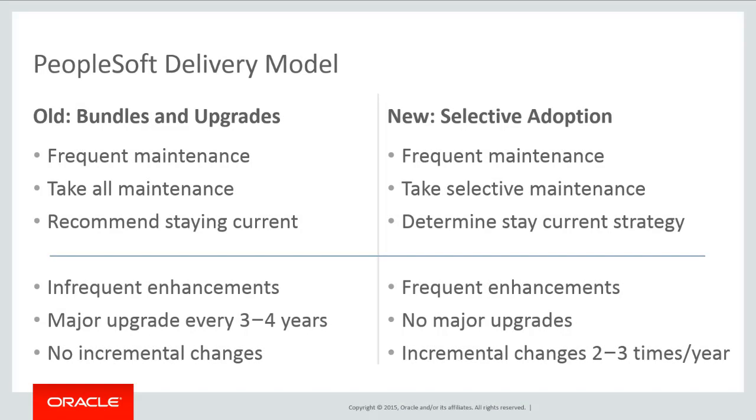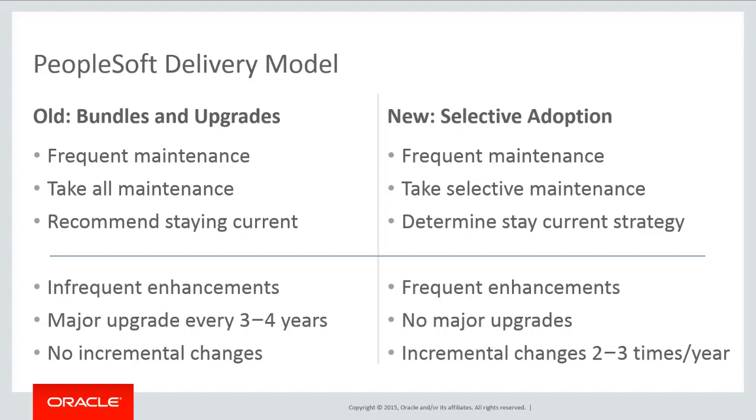So in summary, selective adoption changes the way you and PeopleSoft approach both ongoing maintenance and the adoption of new features or enhancements. On the maintenance side, both before selective adoption and now, maintenance is frequent. I think that's just the nature of maintenance. With selective adoption, you have the added benefit of taking only the maintenance that you want and determining your own stay current strategy.